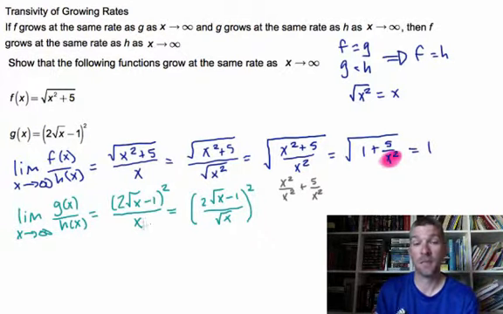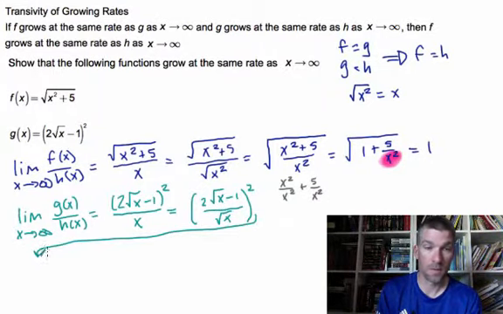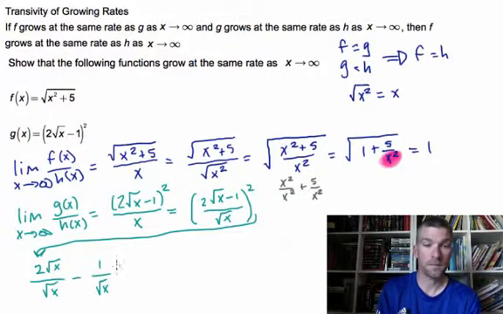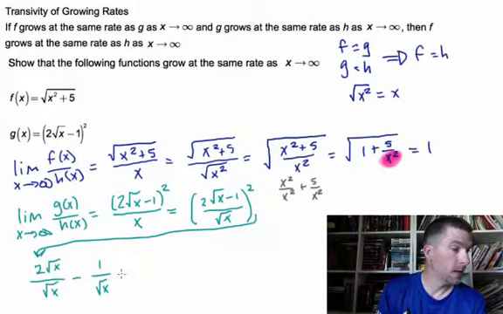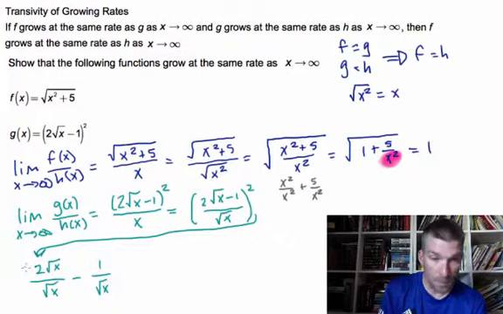Now we can split that fraction up: 2 square roots of x over the square root of x, minus 1 over the square root of x. And by the way, this is all still squared, as x goes towards infinity.